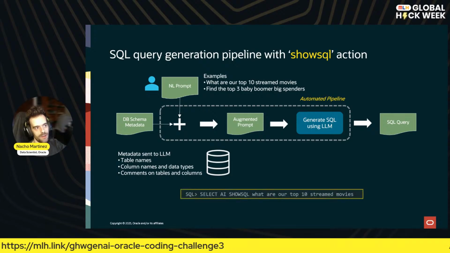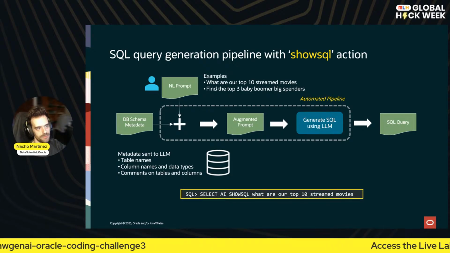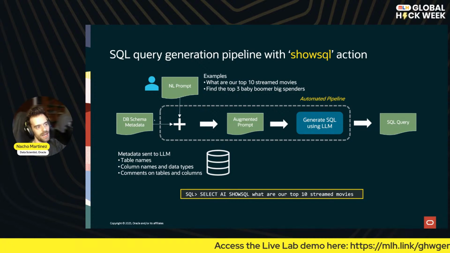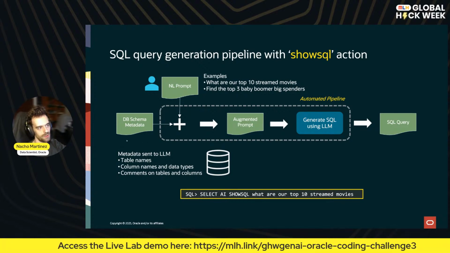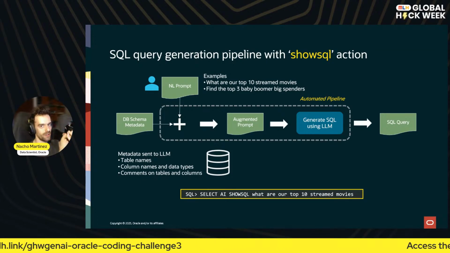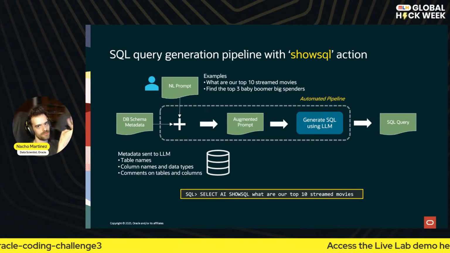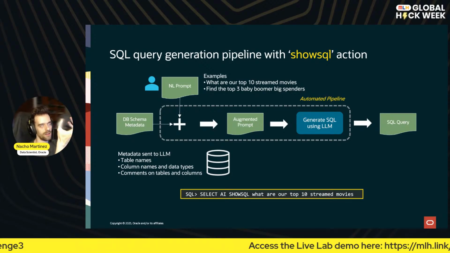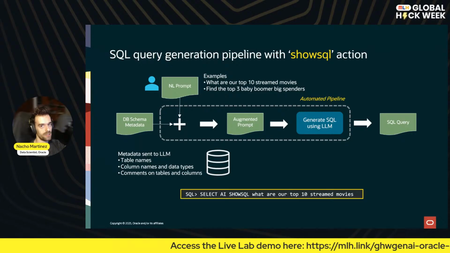I don't know, our top 10 stream movies, top 3 baby boomer big spenders, whatever you want. And here, this part is transparent to us, but it will insert, in some kind of very optimized way with some hints, the meaning of the variables on your tables. It also includes a list of the foreign keys, so it knows where to retrieve the data.